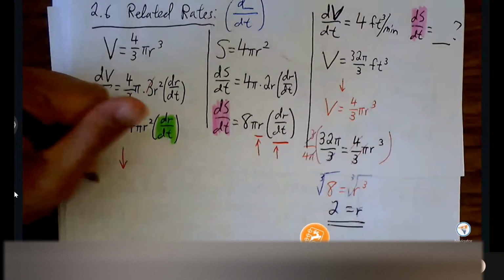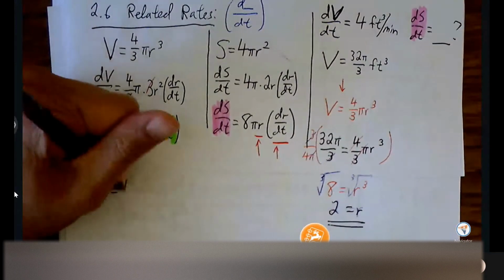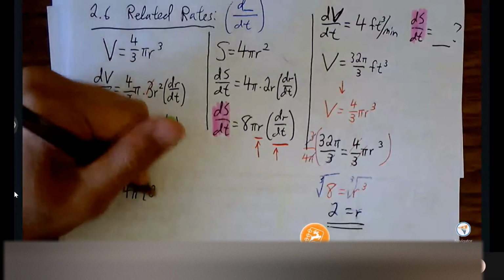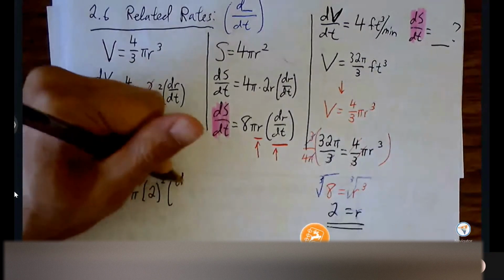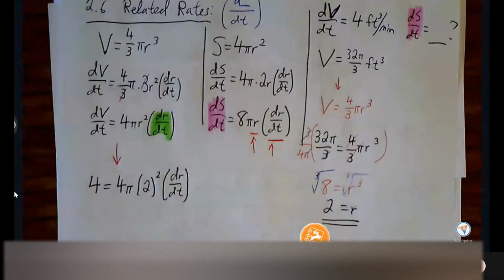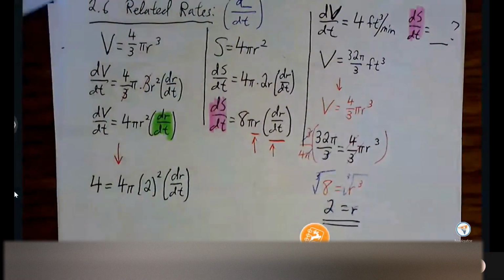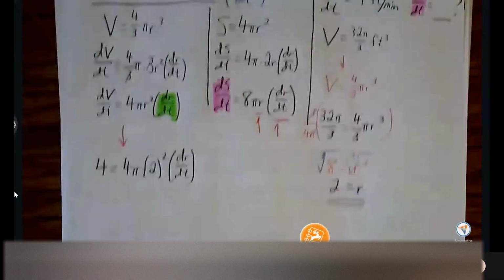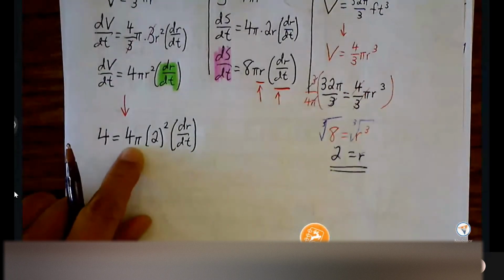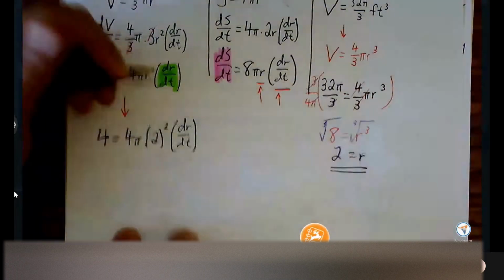So dV/dt gets replaced with 4. Radius is 2. And dr/dt. Okay, clean this up. I get 4 times 4π, 16π.